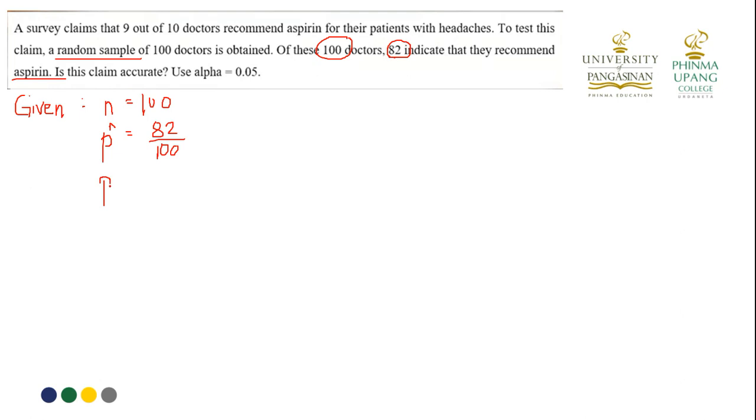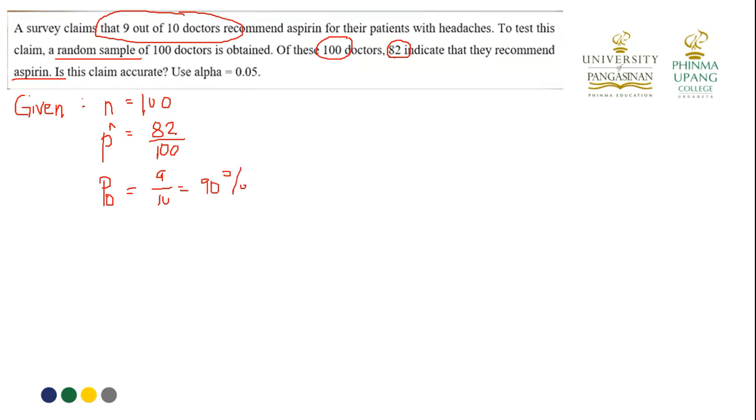And sir, paano po yung P sub naught? Sabi nyo kasi sa discussion, sir, di ba pag may percentage automatic po na P sub naught? Tama. Eh, wala kaming nakikita, sir, na may percentage. Kahit na, tingnan nyo no, may another given dun sa taas, 9 out of 10. Magiging percentage yan mamaya pag dinivide natin. 9 out of 10 is equivalent to 90%.